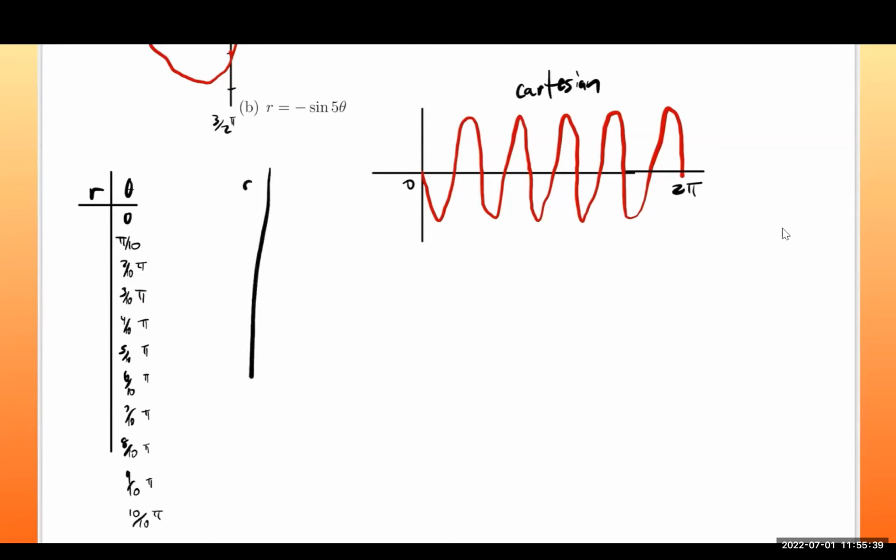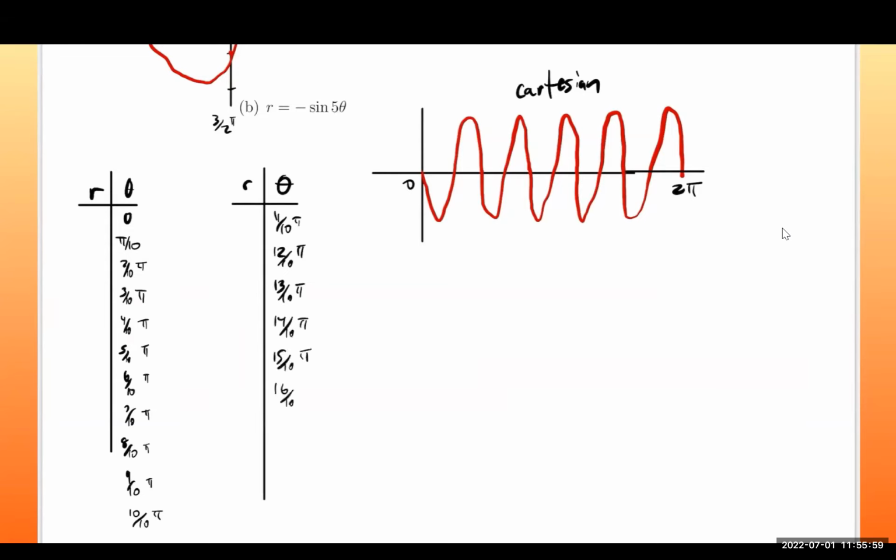It's a little tedious, as you can see. So I'm going to continue over here on this side. There will be a pattern you will see.